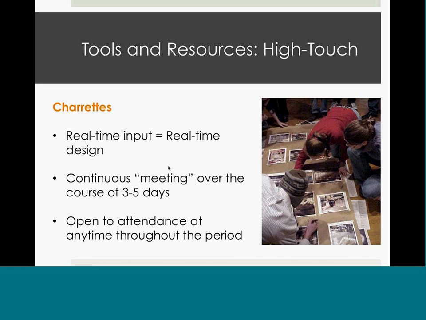Charrettes, another way to engage, especially the youth and everyone of all ages. These are called charrettes, a French term meaning workshop, basically. Real-time input equaling real-time design or real-time output. Engaging people around large pieces of paper, asking them to go to work and map out those good things of their community or the less desirable things of their community, what they would like to take forward into the future and what they would like to leave behind as the community moves forward.